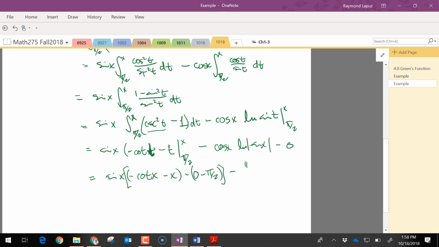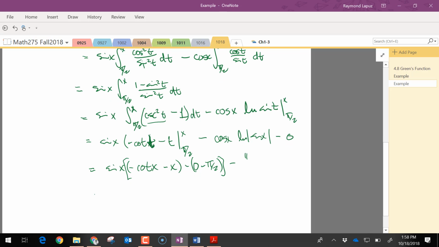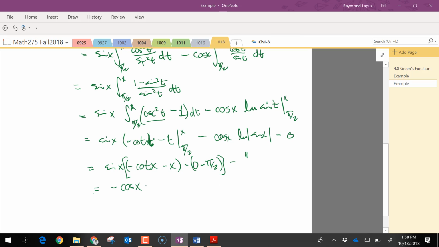We get cotangent is cosine over sine. Cosine over sine, so it's a negative cosine since the sines cancel, minus x sine x. Minus minus is a plus, pi over 2 sine x minus cosine x ln sine x. Can we combine anything? No.